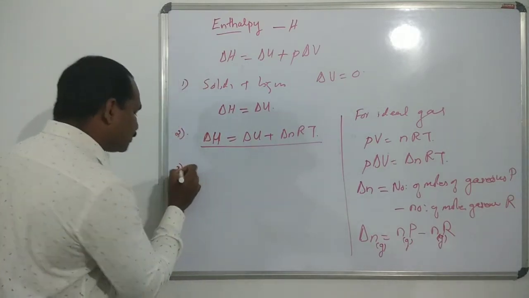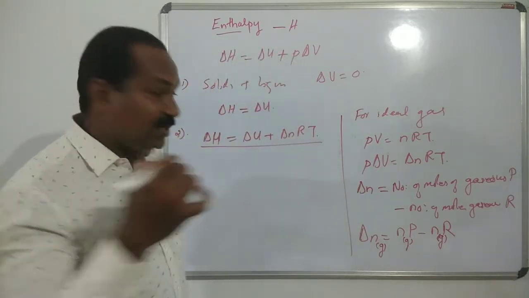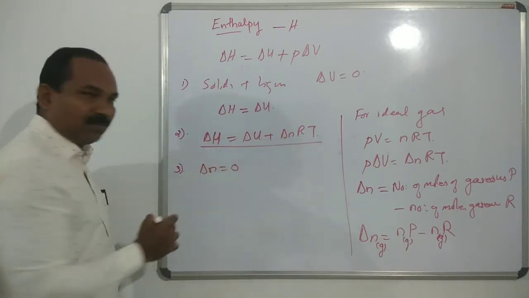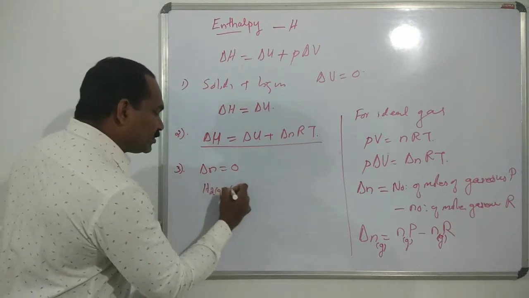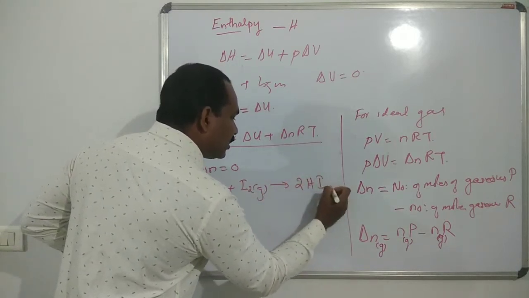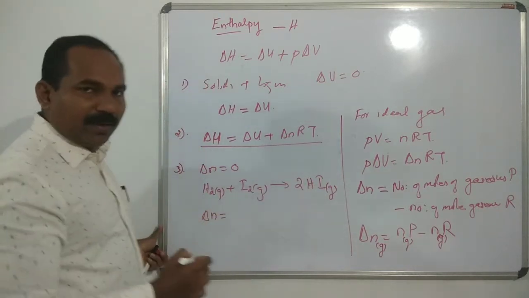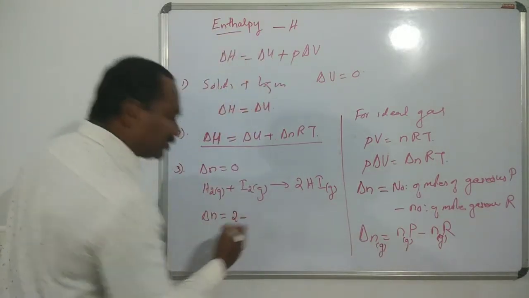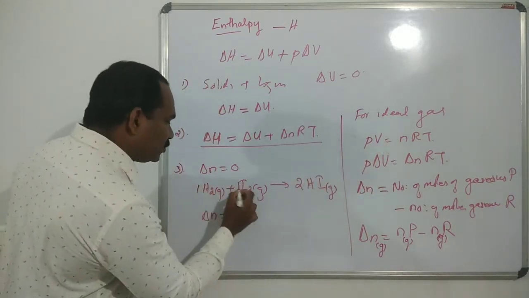And the third case, for gaseous reactions in which delta n is equal to 0. Let's take one example: H2 gas plus I2 gas gives 2HI gas. In this case, delta n is the number of moles of gaseous products, which is 2, minus the number of moles of gaseous reactants, 1 plus 1, which is 2.